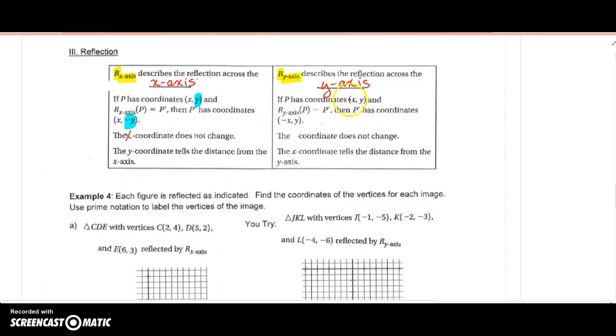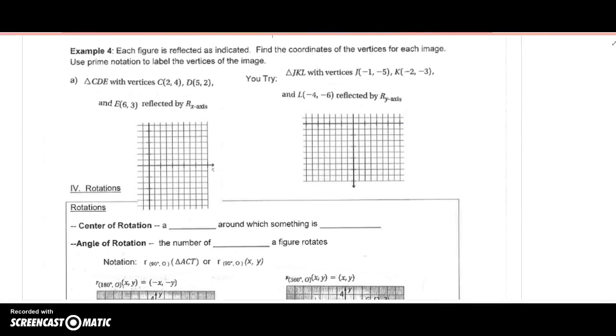Similarly, for the y-axis, you're going to take all of your x's and replace them with negative x's, and the y-coordinate does not change. Or some people think of these in terms of the distance away from the x-axis should be the same distance for both the image and pre-image, or the distance away from the y-axis. Either one of these methods work. Here we go in example 4.